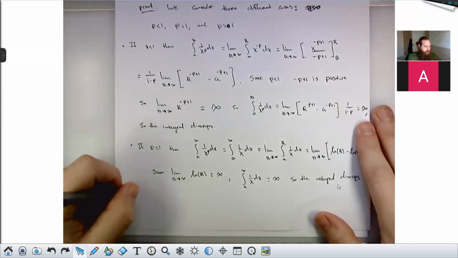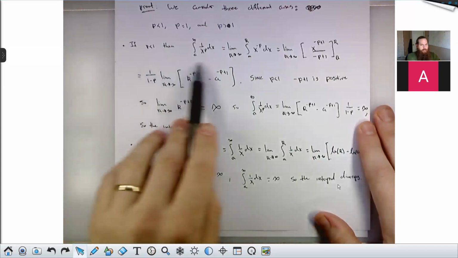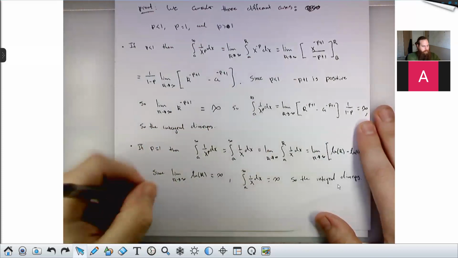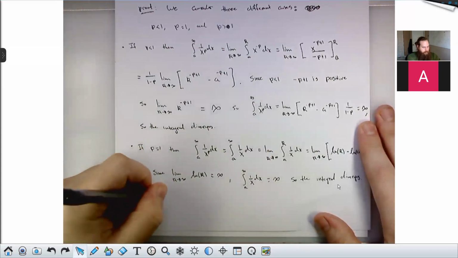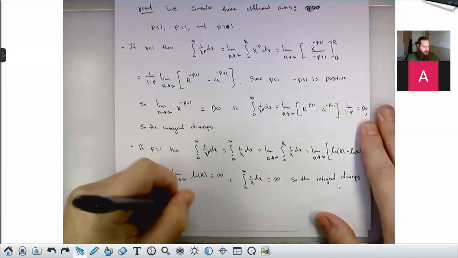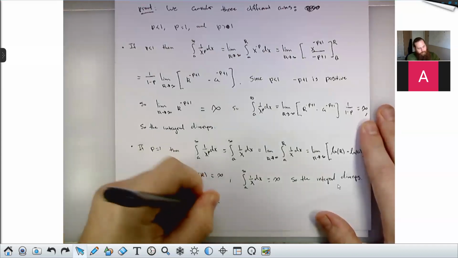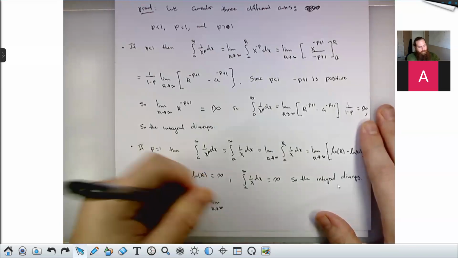If p is bigger than 1, then the first few steps look the same as in this first case we dealt with. Then the integral from a to infinity of 1 over x to the p dx is equal to the limit as r goes to infinity.